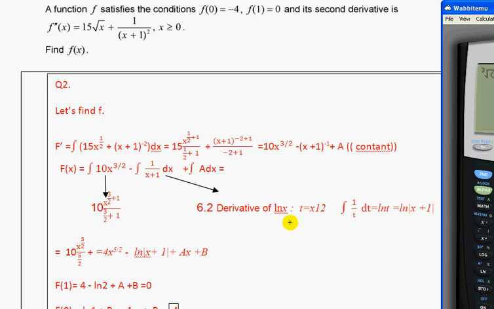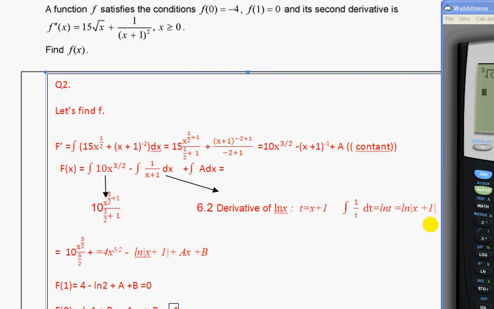We use substitution of variable by t equals x plus 1, oops, there's a mistake here. So plus 1, and then we integrate and we get logarithm of the absolute value of x plus 1.